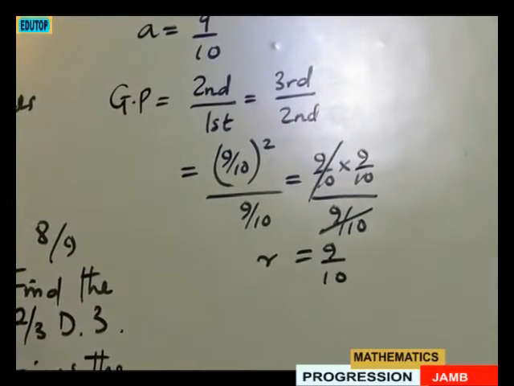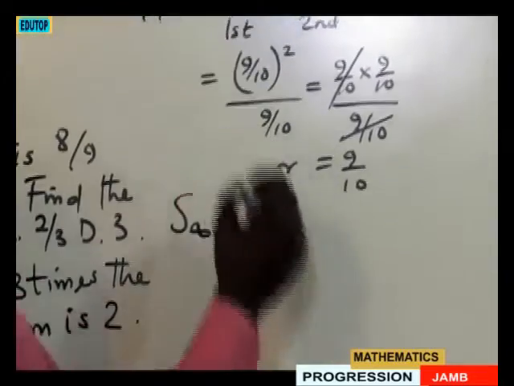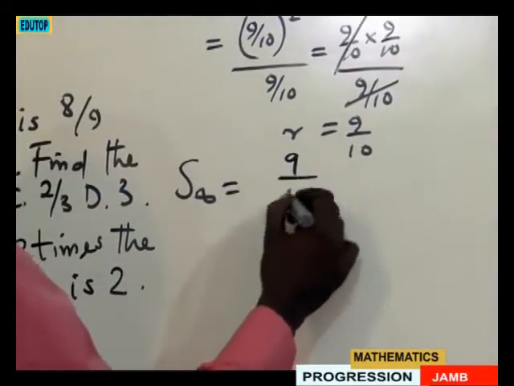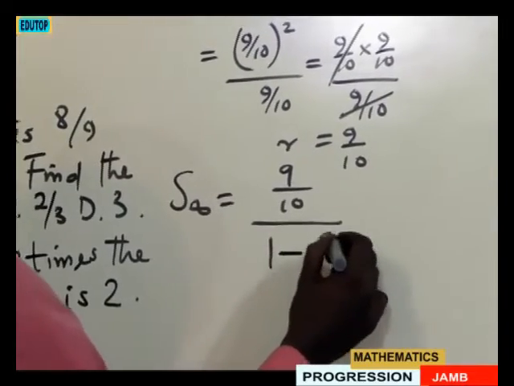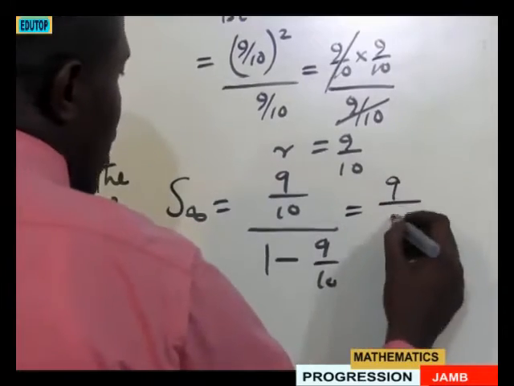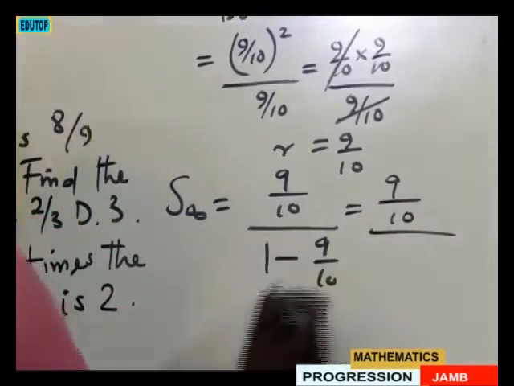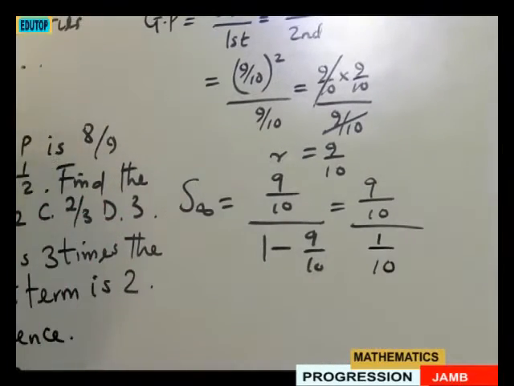Then we go back to our formula. S infinity will now be the first term, 9 over 10, divided by 1 minus 9 over 10. Here, 1 minus 9 over 10 will definitely be 1 over 10.